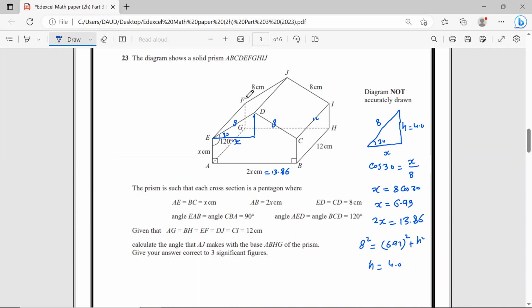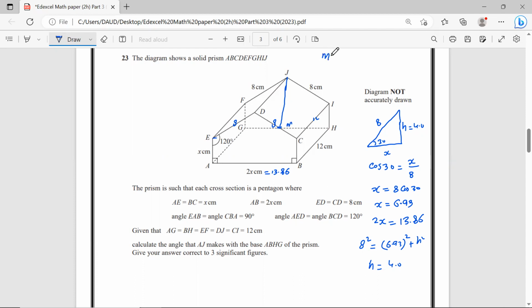So remember that if I draw a height which connects the midpoint of GH here, let's suppose that point is M. This total height is x plus h, means MJ.